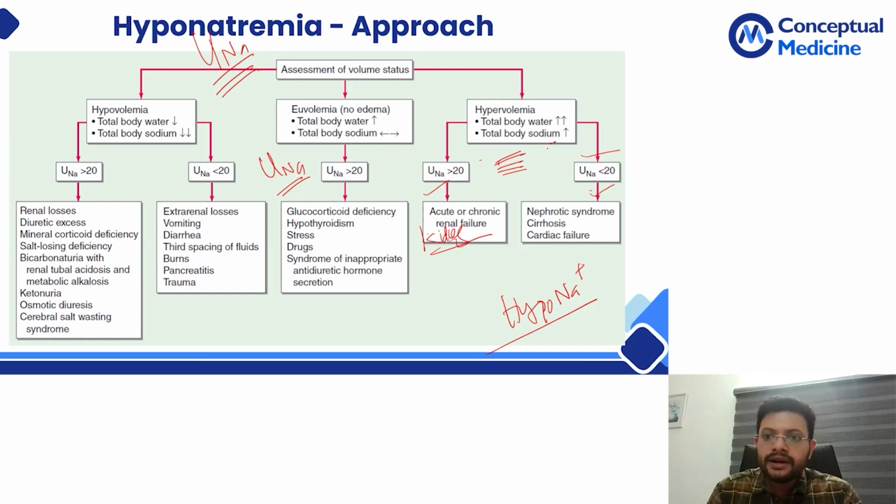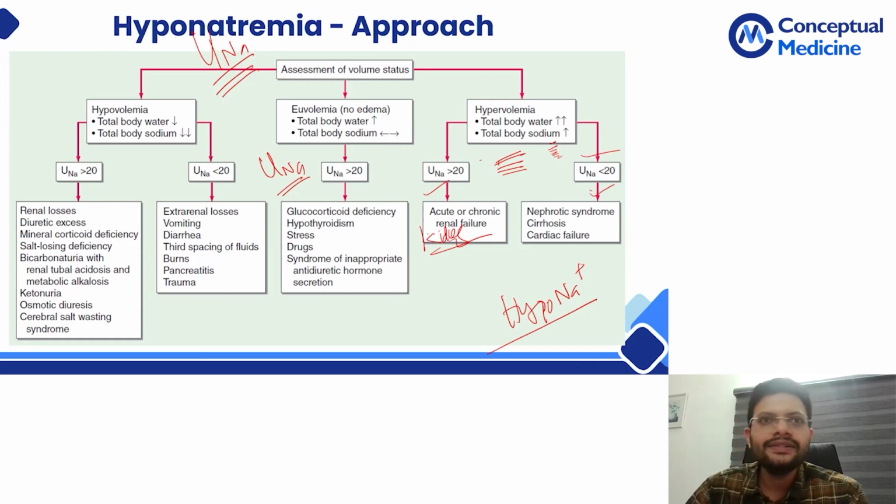Once again, look here. Because when you have liver failure or heart failure, suppose the patient is admitted with acute decompensated heart failure in the cardiac unit in your cardiology department, what is the treatment that you're going to give in heart failure? The patient may be having hyponatremia, but the treatment that you're going to give is Lasix, right?